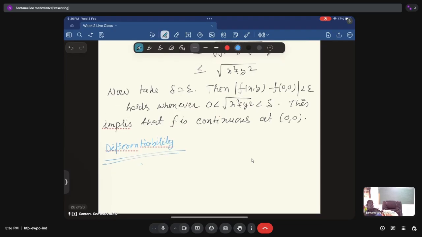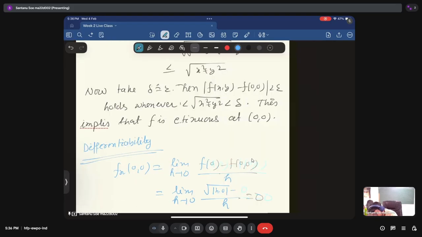So fx(0,0) is nothing but limit h tends to 0 of f(h,0) minus f(0,0) divided by h, and f(h,0) is nothing but square root of modulus of h times 0, minus 0, divided by h, and so this is 0.